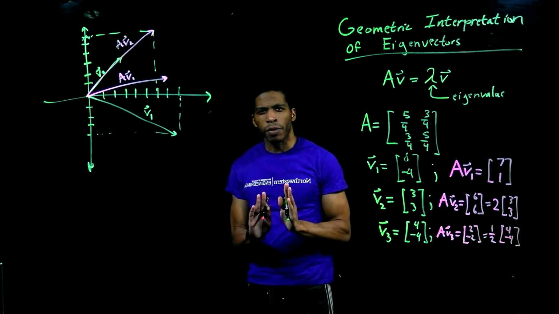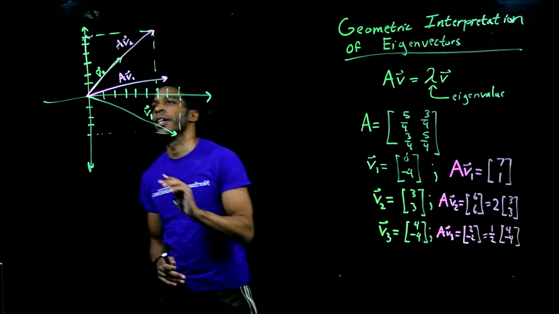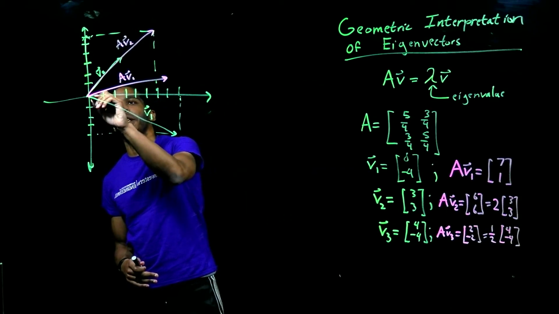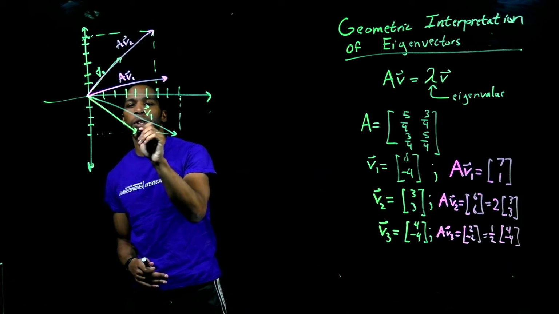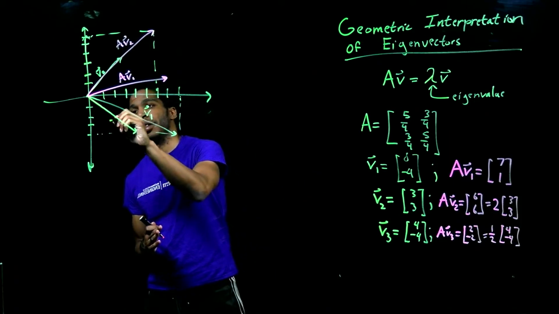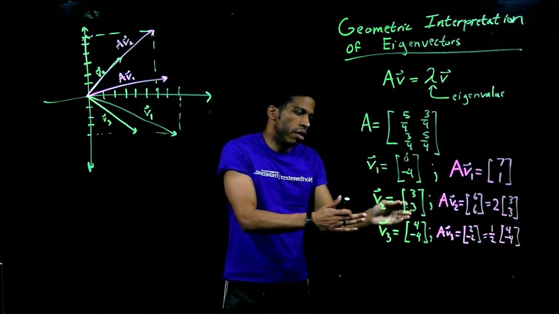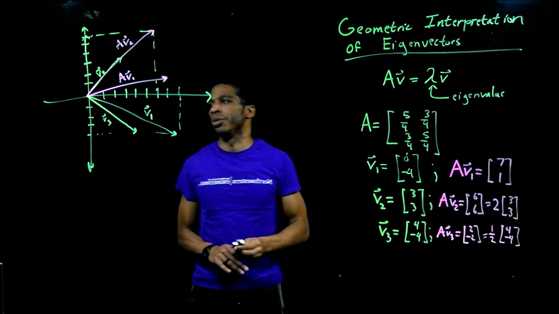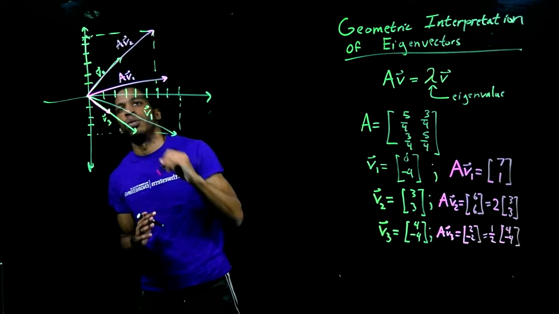And when we look at the graph of V3 and AV3, we can see a similar idea to the case of V2. V3 is 4, -4, so we go over 4 and down 4. And AV3 is 2, -2, so we go over 2 and down 2.